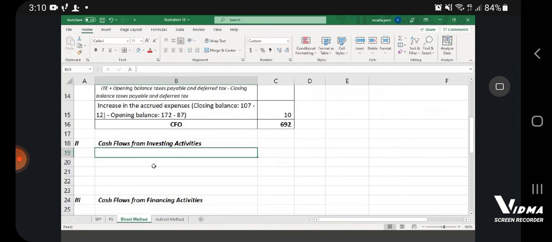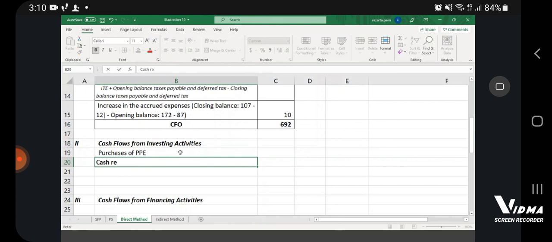So let's go back to the direct method and let's see that maybe we have to list here purchases of property, plant and equipment. That is a cash outflow that most probably will always be in every cash flow statement that you prepare. You will always have purchases of PPE. That is a very common item. You cannot escape that. And probably you have cash receipts from disposal of PPE.